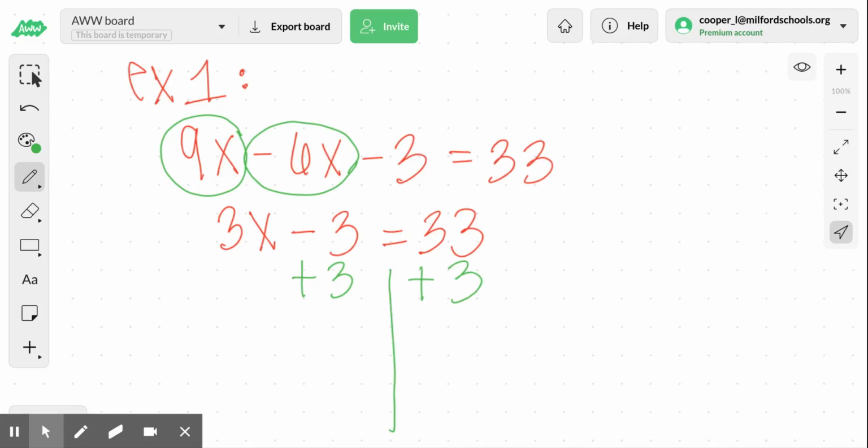Some people like to block that off to show that there's both sides. I have this number removed. Remember, whenever you do an inverse operation, you remove that number that you're wanting to get rid of. I now have 3x equals 36, I'm sorry.